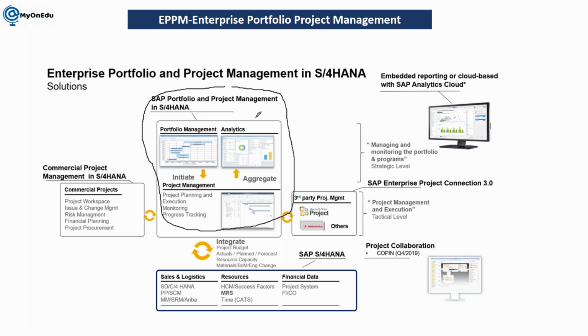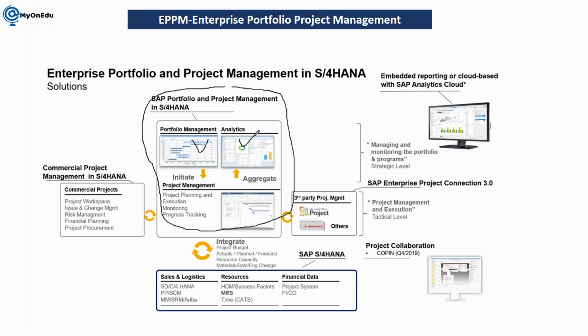In portfolio management, we have another component called project management: portfolio management and project management. In project management, we have the functionality to do the staffing. There are different kinds of staffing and scheduling. We can calculate the cost, and then we can transfer into project system. Here in portfolio project management, we don't have any cost object.